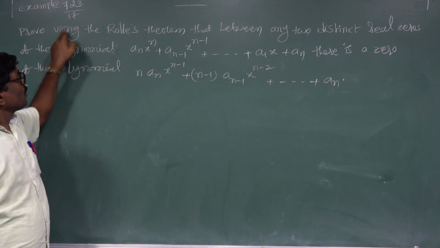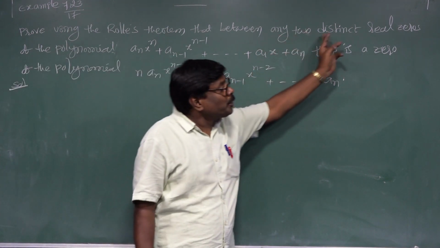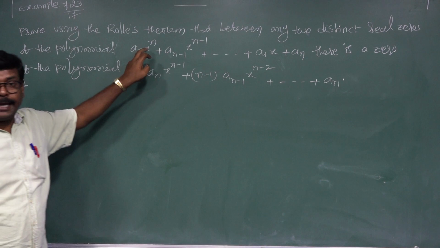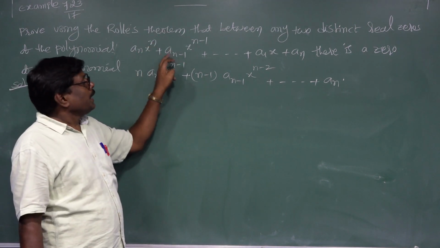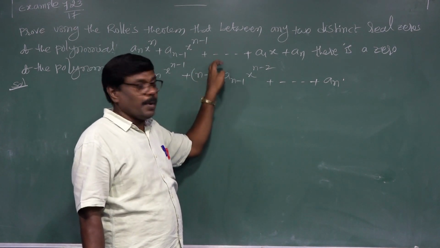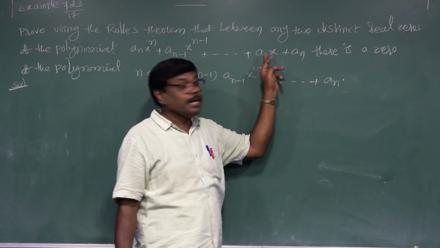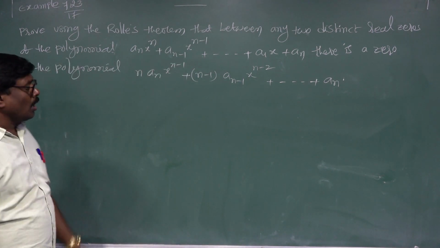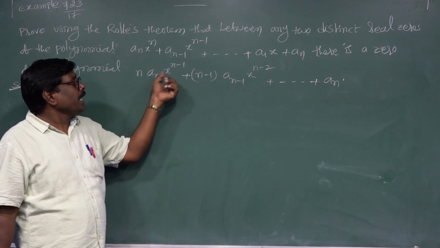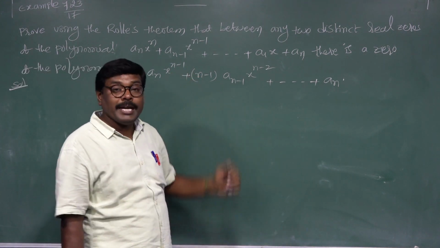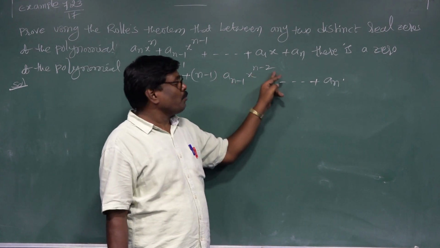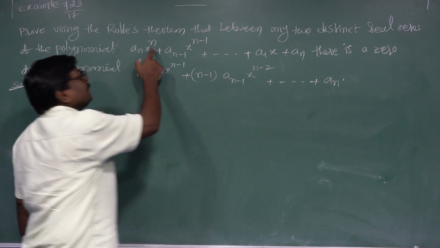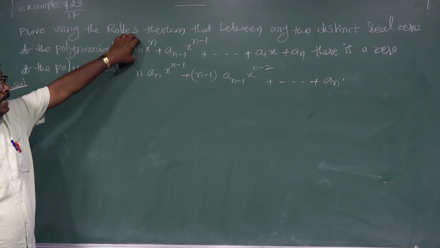Prove using Rolle's theorem that between any two distinct real zeros of the polynomial a_n x^n + a_{n-1} x^{n-1} + ... + a_1 x + a_0, there is a zero of the polynomial n a_n x^{n-1} + (n-1) a_{n-1} x^{n-2} + ... + a_1. This is a polynomial of degree n.